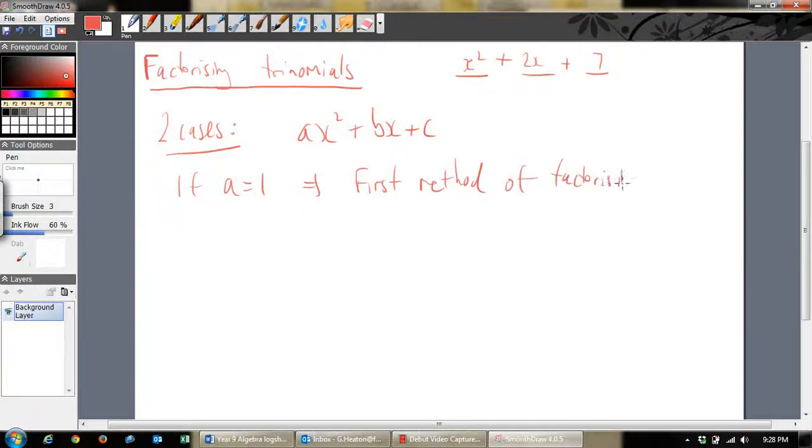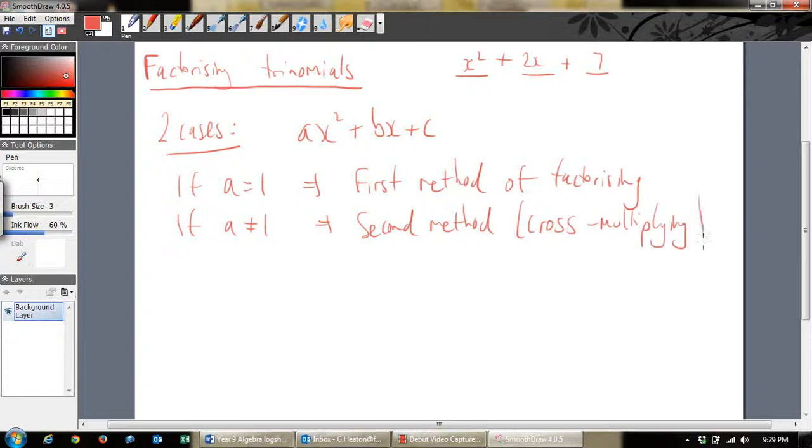In other words, if the number in front of x squared is just 1, we're going to try our first method. If a is not equal to 1, we're going to go with our second method, which is much harder. The second method, which we call cross multiplying.